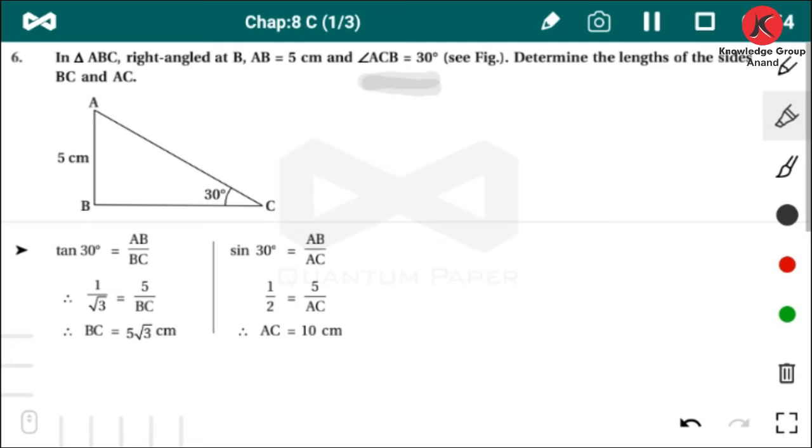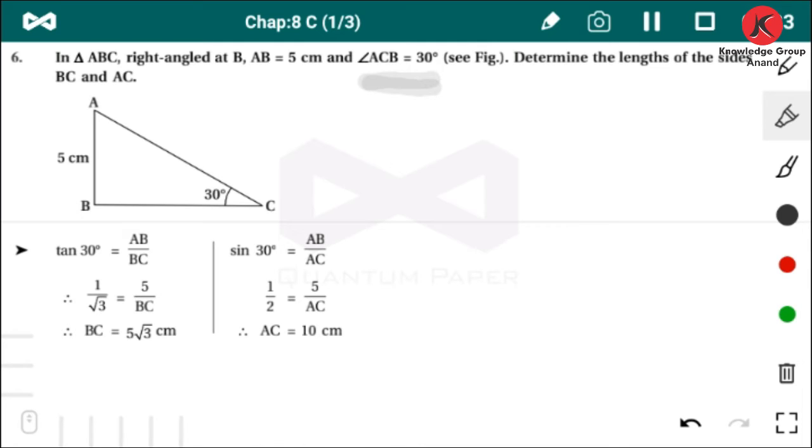Now determine the length of sides BC and AC. Angle C is equal to 30, AB is equal to 5. Then find the hypotenuse and the adjacent side of angle 30. We take tan 30 is equal to opposite upon adjacent.